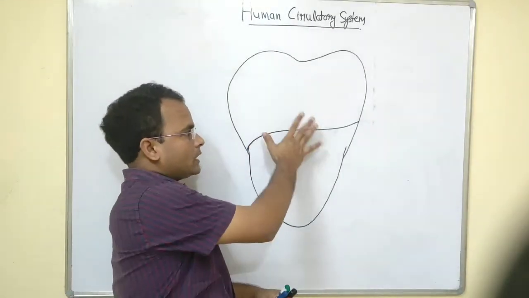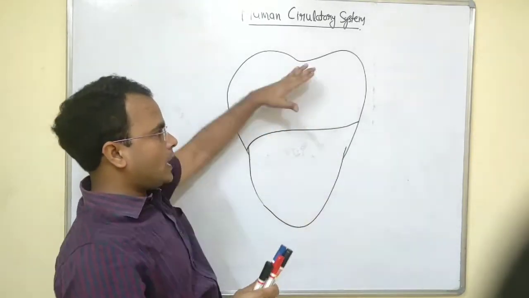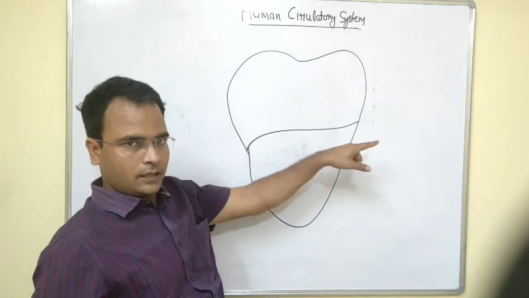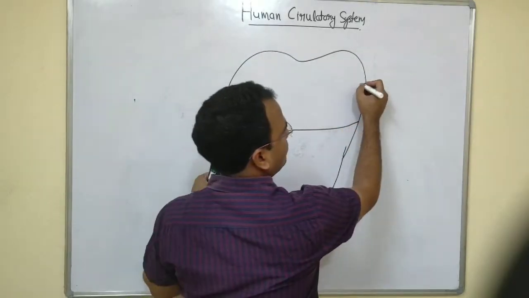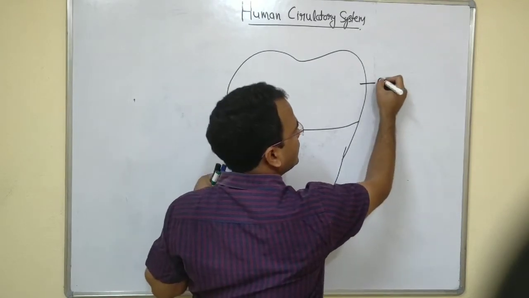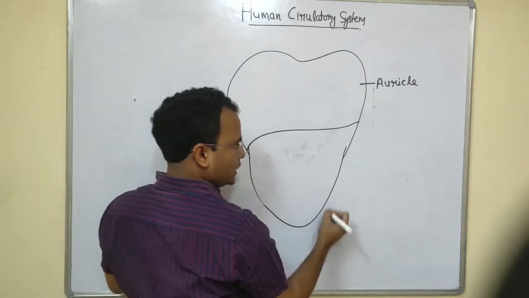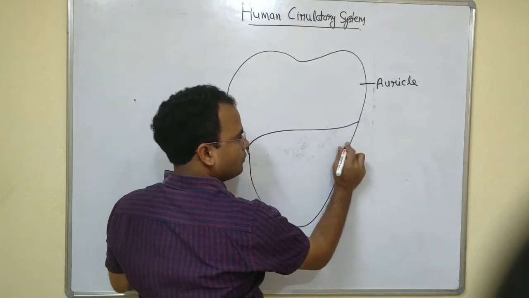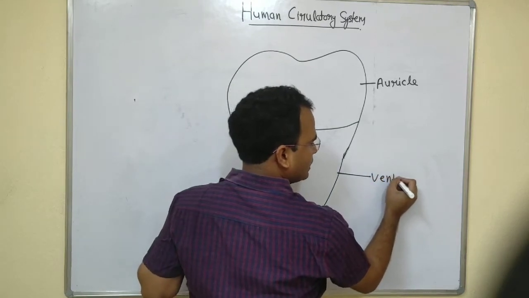This pear-shaped structure is divided into two parts horizontally. The upper part is known as the auricle or atrium, and the lower part is known as the ventricle, right?